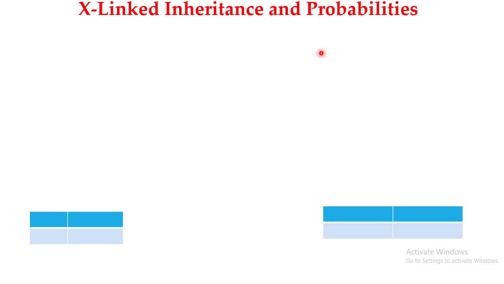In my previous video, I told you that the most common form of color blindness is red-green color blindness, and the genes responsible for detecting the red and the green color are both present on the X chromosome. So we are actually talking about the X-linked color blindness. And in this particular video, I want to focus on the probabilities of the transfer of the color blindness from the parents to the offspring.